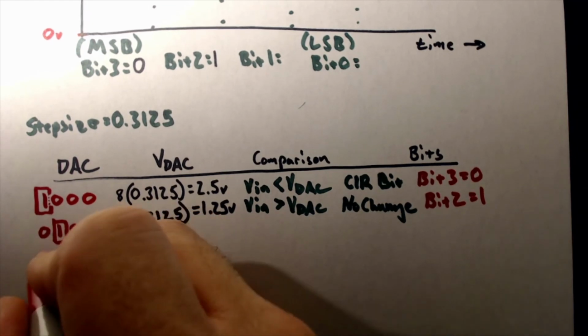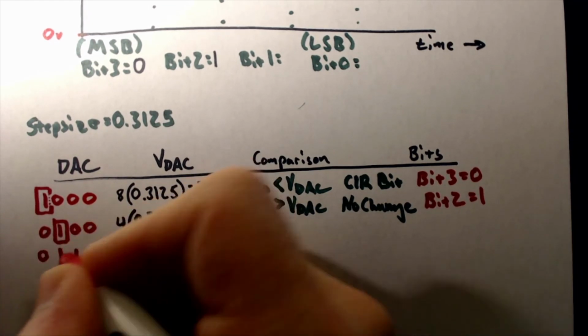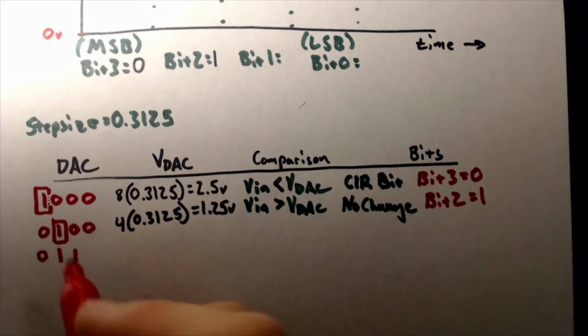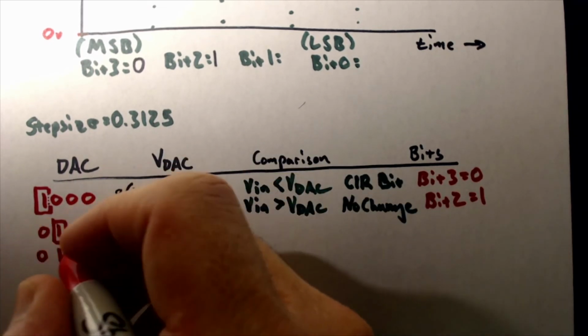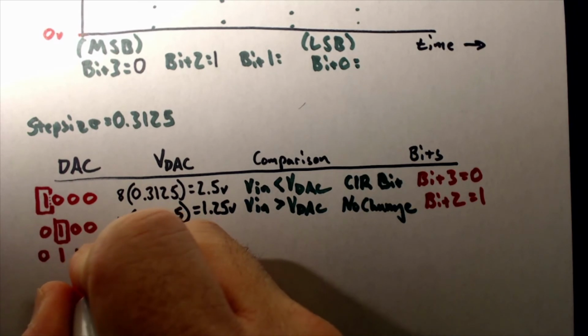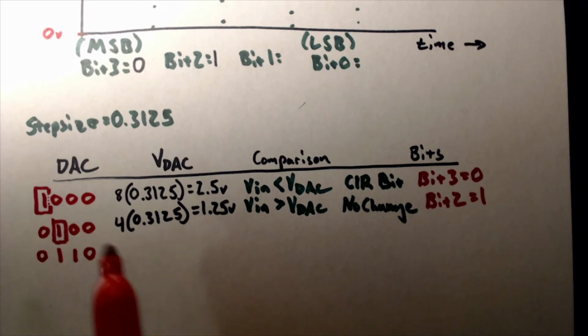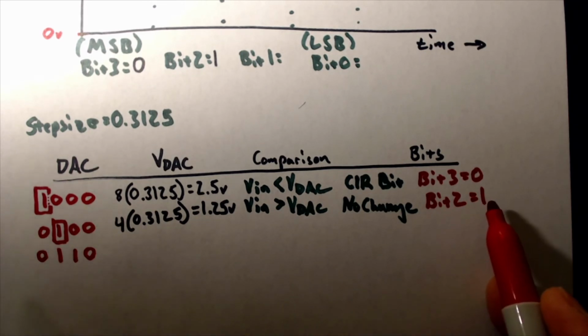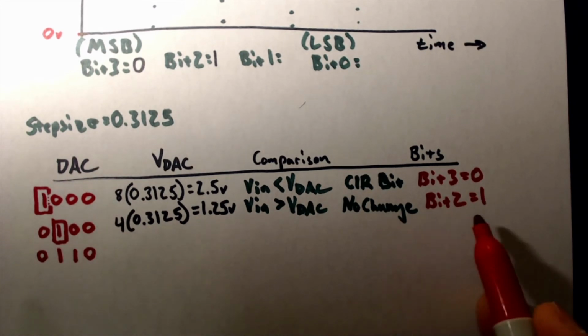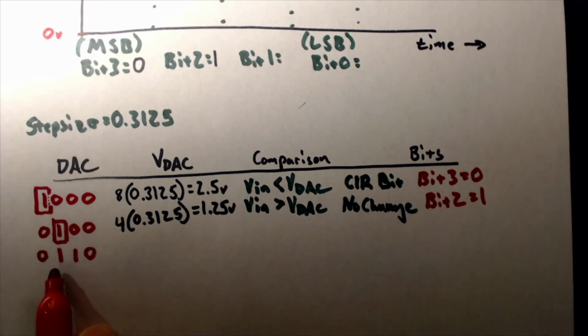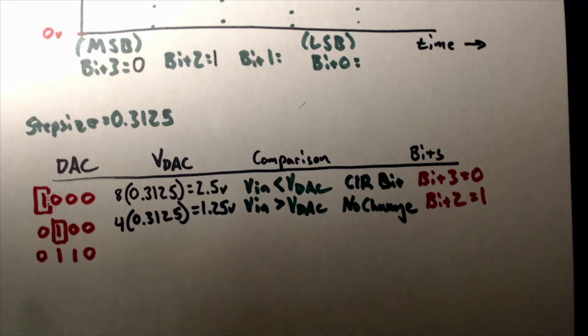The more significant bits stay the same as the previous value, and our least significant bit stays as 0. So we carry these bits. If bit 2 was no change, we keep that. And if it was cleared, then we keep it as cleared. You can kind of see why this is called a successive approximation.